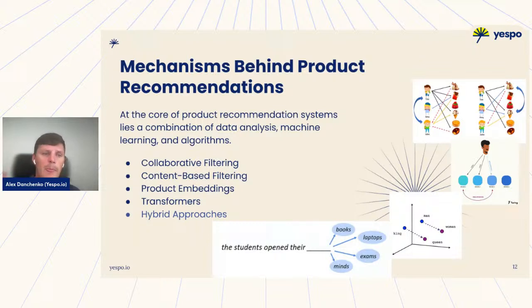That's a very powerful thing that helps us to go from just product IDs and their sequences that we used to have in collaborative filtering to a meaningful understanding of what this product is that the person is looking at right now, and understanding the inner sense of this product to recommend something else. That's another great thing that I will speak about later.